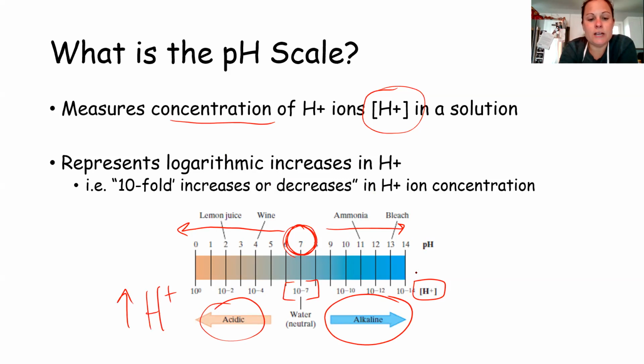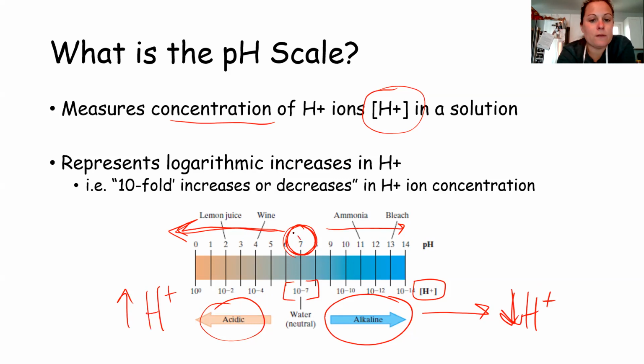Therefore, the concentration of H+ increases the more acidic I get. If I get more basic or alkaline, I have less H+ ions and more OH- ions. So if I go from 7 to, let's say, 12, I decrease the amount of H+ in a solution.